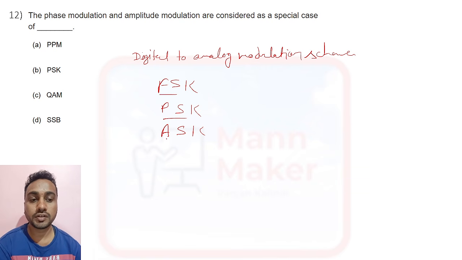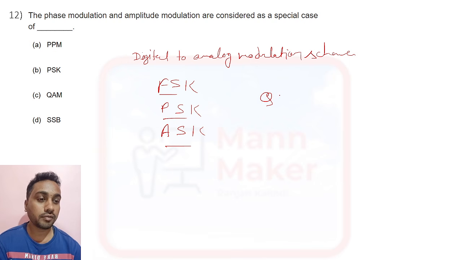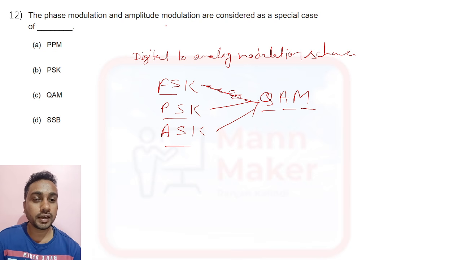Frequency shifting, phase shifting, and amplitude shifting. Okay, and we have one more thing, QAM, quadrature amplitude modulation. Here in quadrature amplitude modulation, it takes phase and amplitude both. So that's why phase modulation and amplitude modulation are considered as a special case of quadrature amplitude modulation.